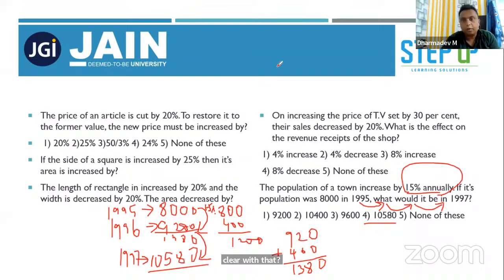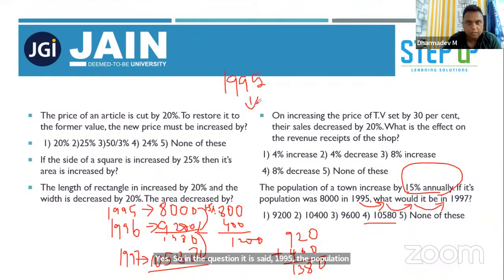Yes. So in the question, it is said that in 1995, the population was 8,000. They're asking if annually it increases by 15%. Annually means every 12 months, the population increases by 15%.